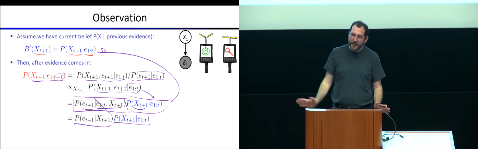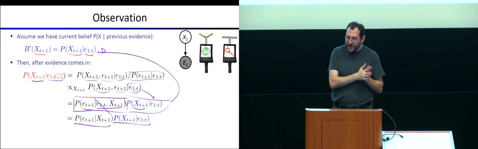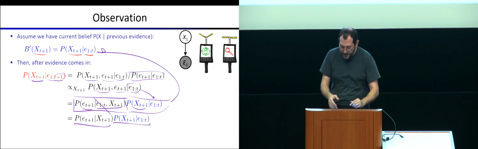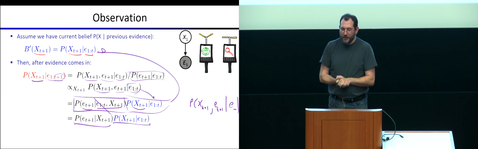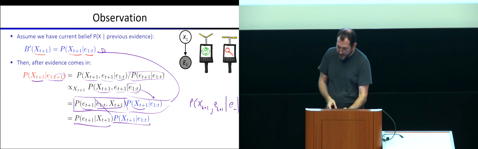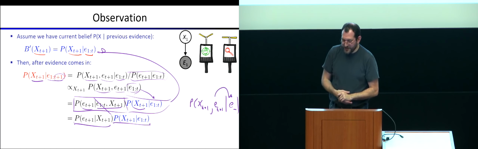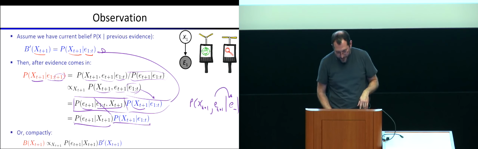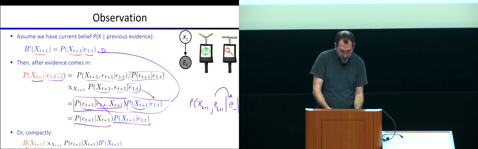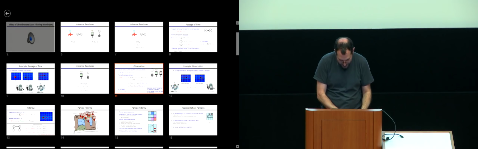Now it's not going to be a probability distribution anymore, because where it was a p of xt plus 1, now it is a p of xt plus 1 and your evidence t plus 1, given all of your other evidence. But then if you renormalize, that transfers this to the other side of the conditioning bar, and now you have a belief distribution again.